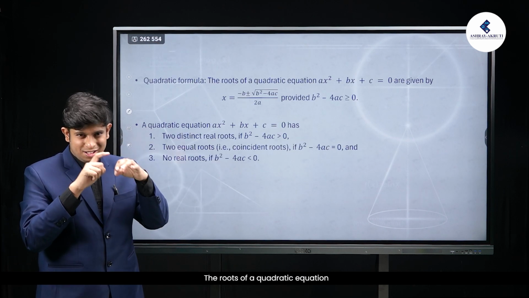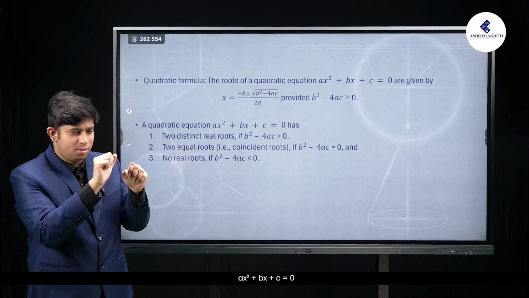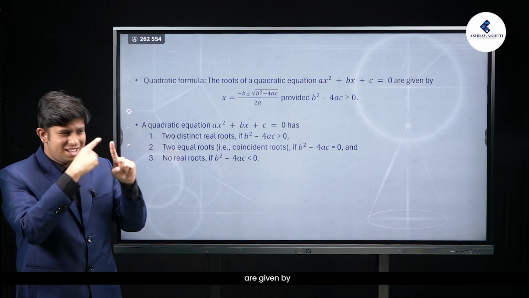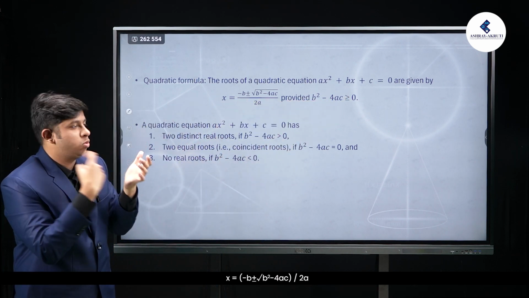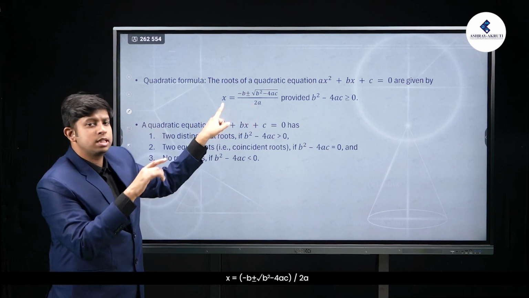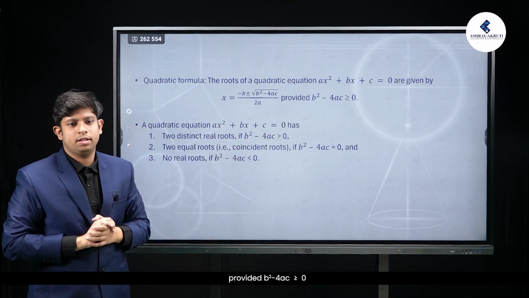Quadratic formula. The roots of a quadratic equation ax square plus bx plus c is equal to 0 are given by x equal to minus b plus or minus under root b square minus 4ac by 2a, provided b square minus 4ac greater than or equal to 0.